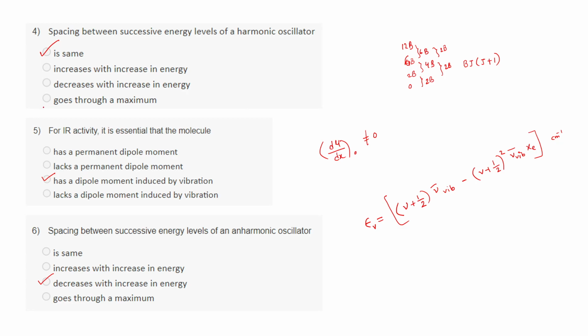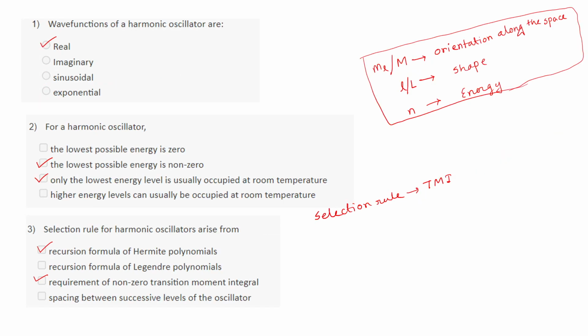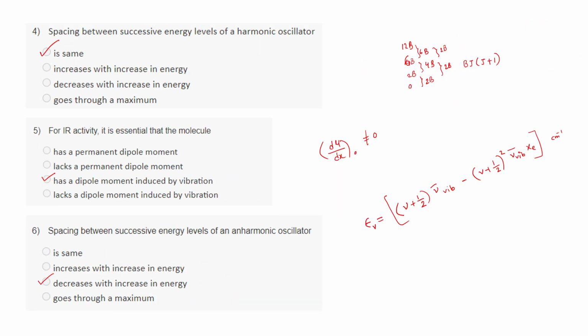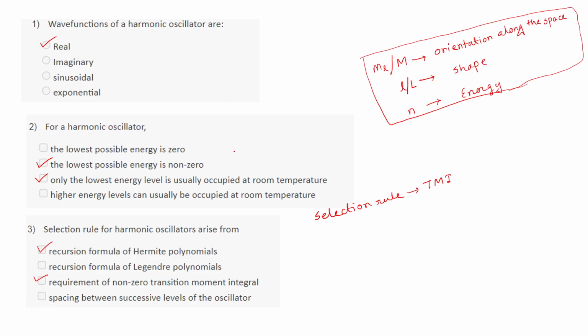So you remember, right? These round shape options are MCQ, and the square ones are MSQ. And I think in the assignment you will get partial marks. Suppose you have only selected the recursion formula from Hermite polynomial, and you did not select anything from the non-zero transition moment integral. You have selected only one correct option, then you would have got half the marks. Or suppose there are 3 options correct, then you have 1/3 of that marks.